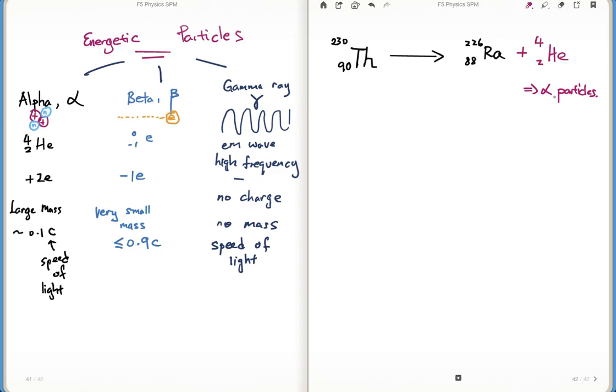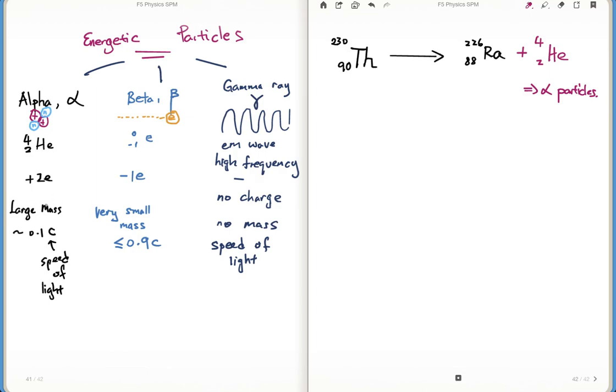For alpha, because of the huge mass, it has very low penetration. To put it this way, you have low penetration because of large mass.